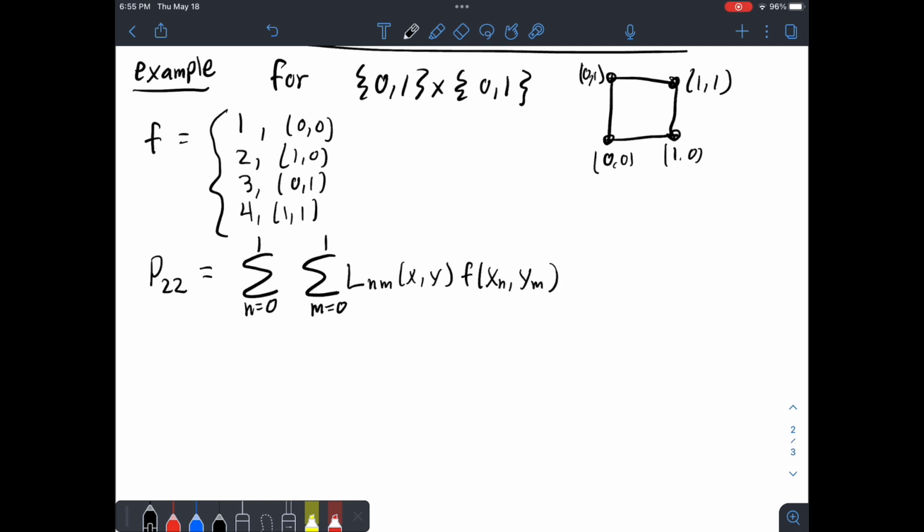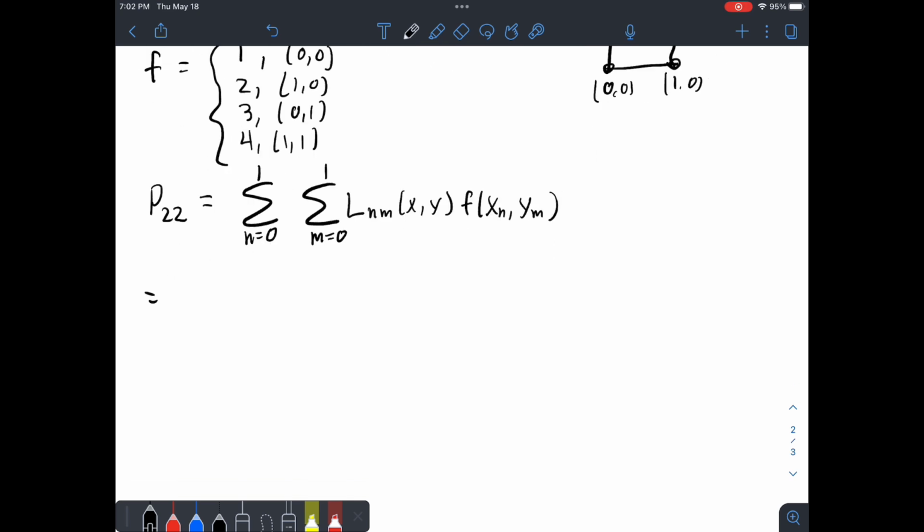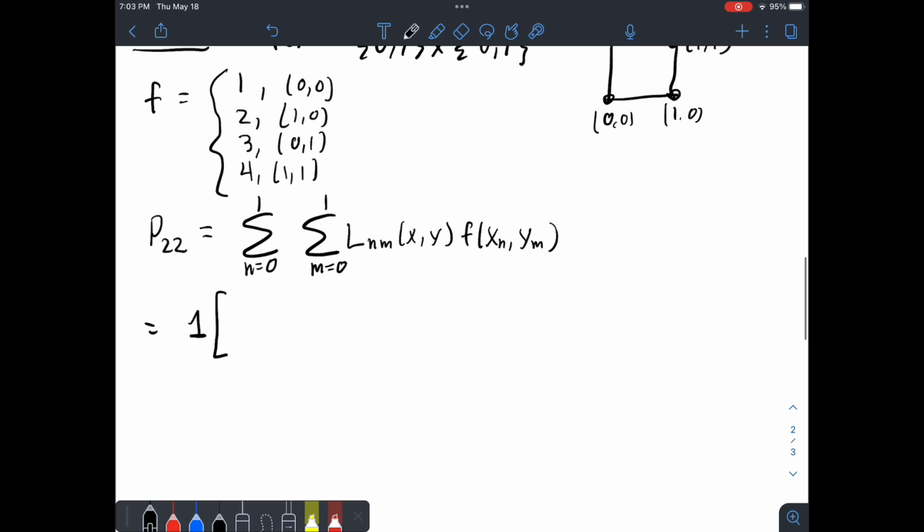Okay, so this is going to be a very large thing to write out in one line, but let's do it. So we're going to start by taking the 1 value, and we're going to multiply it by the correct point. So we said at 0, 0 we were equal to 1. So that means we're going to take x minus 1, the point that we're not at, y minus 1, the other point that we are not at.